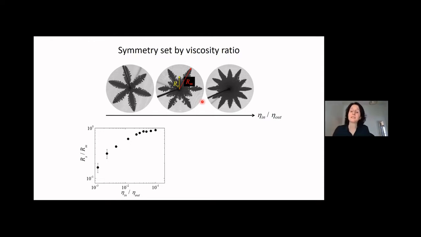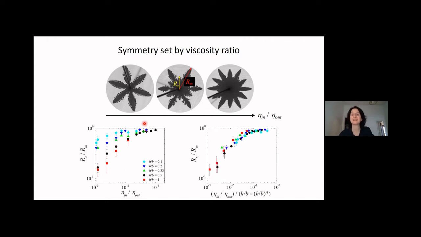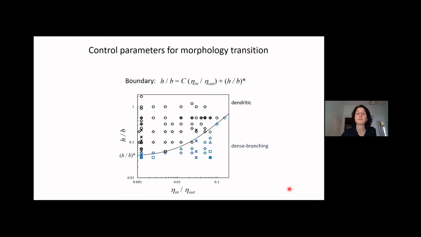Now, both the viscosity ratio and h over b govern this symmetry transition. However, we can rescale all the data by normalizing the viscosity ratio with h over b minus some critical h over b star, which gets clear in just a second. Now, what's somewhat remarkable is that this exact same functional form also describes the morphology boundary that I introduced in the beginning.